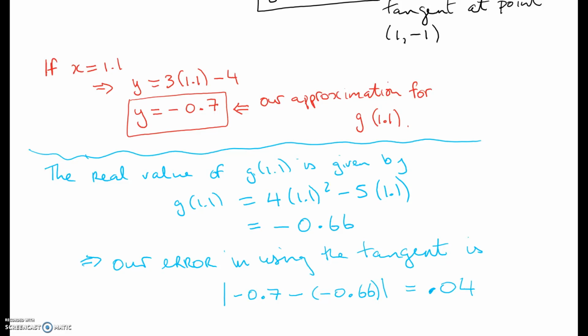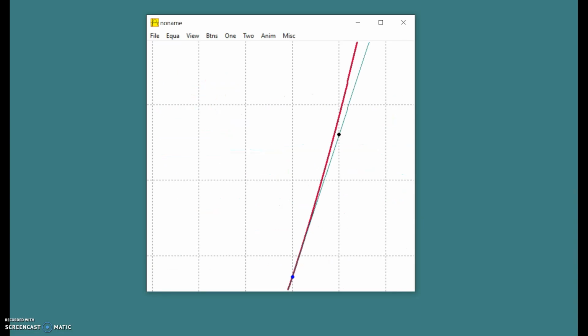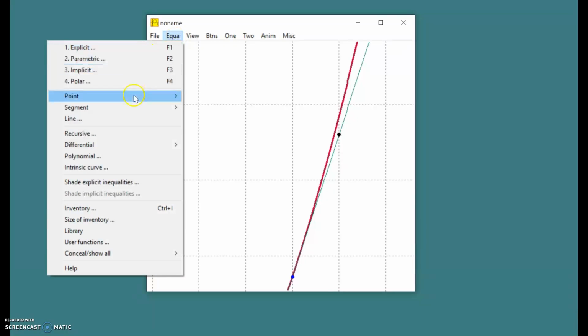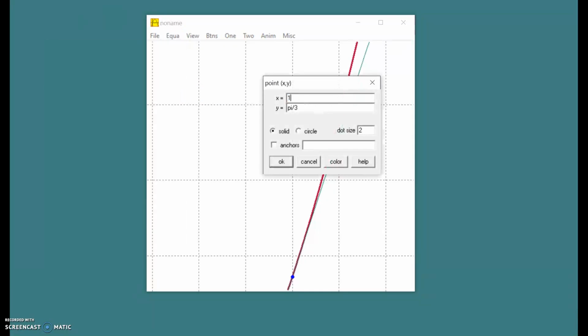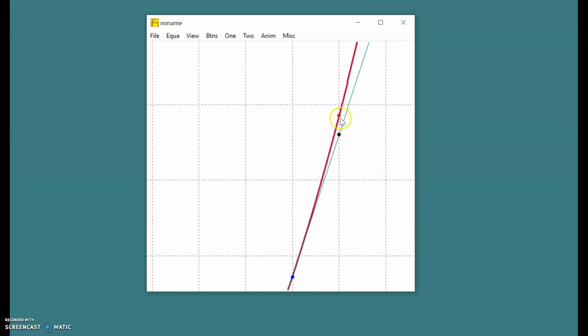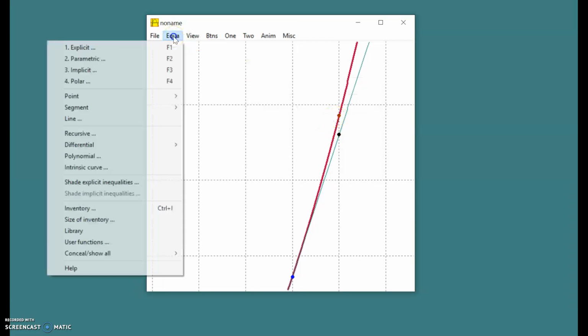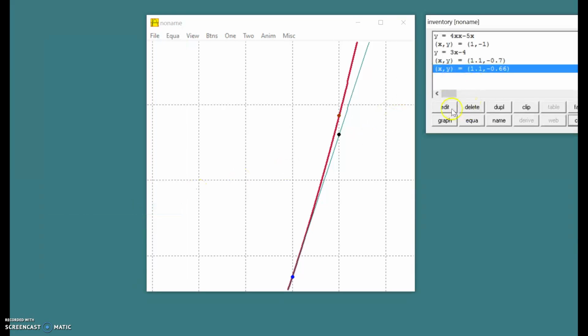If we want to see this visually, we can graph the point 1.1, negative 0.66. Okay, so let's do that. You can see it's in burgundy there. Maybe we can change the color to make it show more clearly.